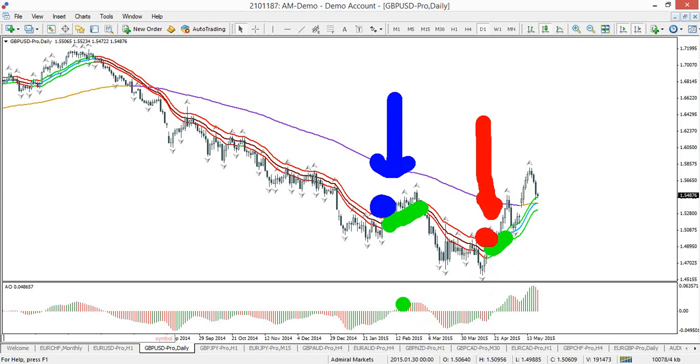The EMA was also here, also on the upside. So both were on the upside in that regard. But indeed, the answer is that there was divergence, true.